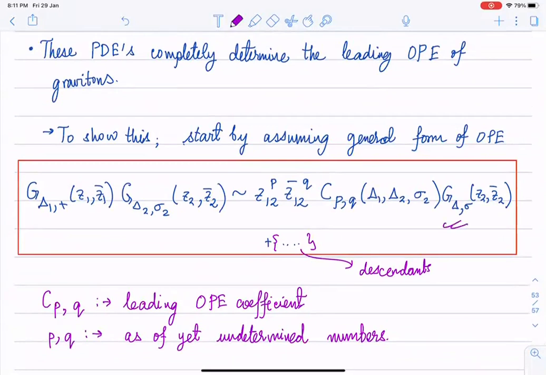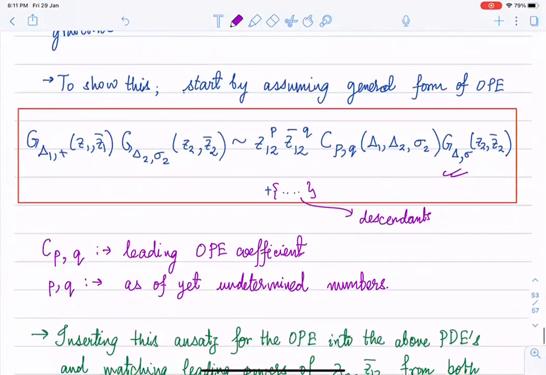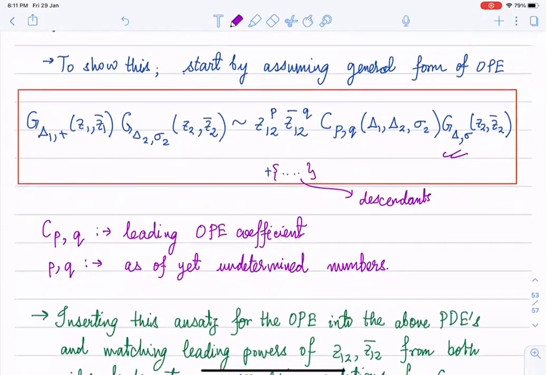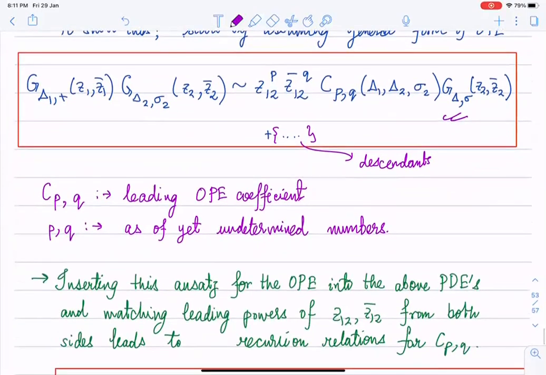Now you can insert this ansatz into the differential equations which I showed you, expand out all terms in the differential equation in powers of z bar, and match the similar powers of z bar from both sides.